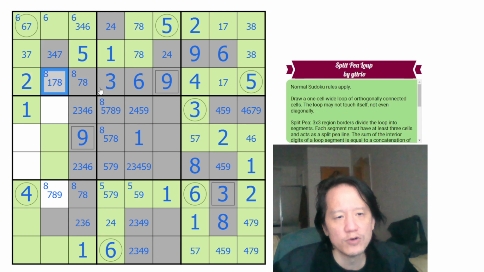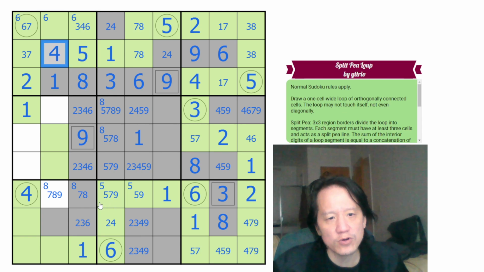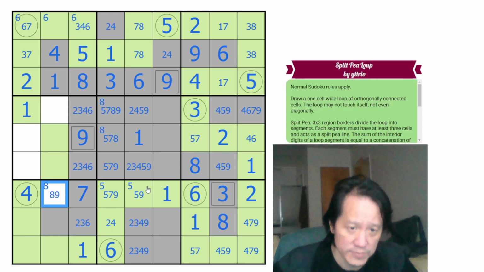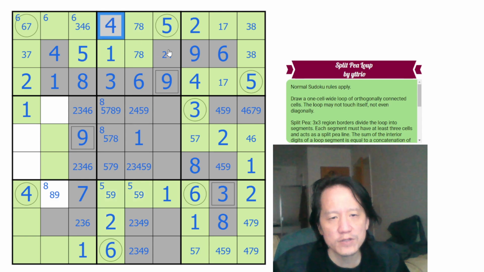Therefore, this must be 1. This has to be 1, this has to be 8, and this must be 4. So this is now 7. So this can never be 7. So therefore, this is 5 and 9, and therefore this must be 2. And this is 4, and this is 2. So that all works. This can't be 4.